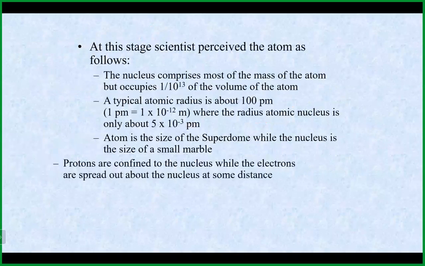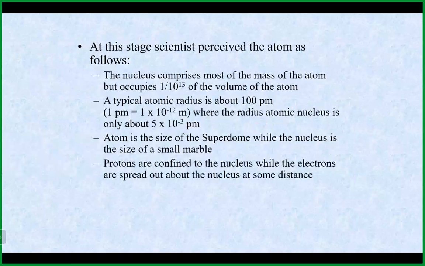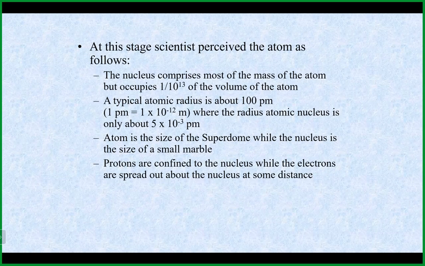So at this stage, they thought of the atom like the Superdome, if you will, a really big stadium. And the nucleus is like a really small marble on the 50-yard line. So although atoms are really small, the nucleus is a really small part of it, but it does make up most of the mass of the atom.